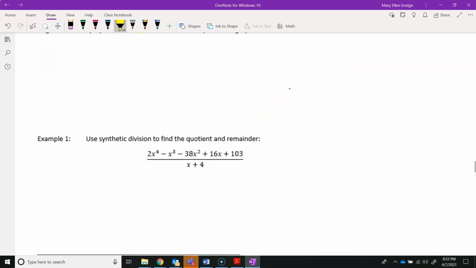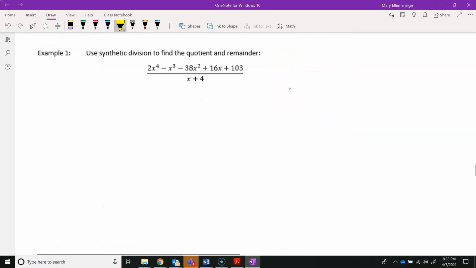Okay, so let's try this synthetic division with this one. So I have x to the fourth, third, second, first, and a constant. So I do not need to put any zeros in. So I'm going to write my little box here, and I have my coefficients 2, -1, -38, 16, 103.